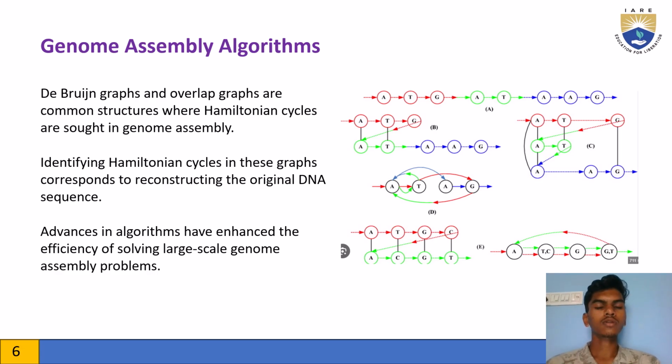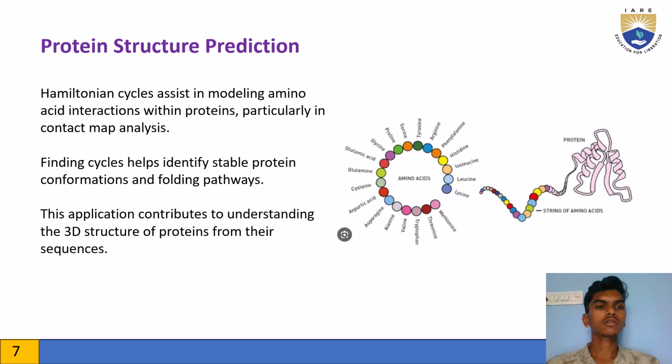And moving forward to the next slide, which is protein structure prediction. As you see the protein structure prediction in the image, and coming to its details, Hamiltonian cycle assists in modeling amino acid interaction within proteins, particularly in contact map analysis.